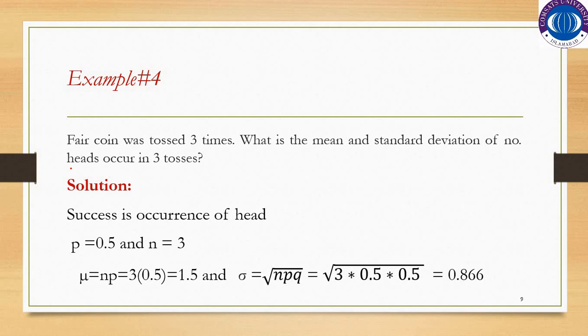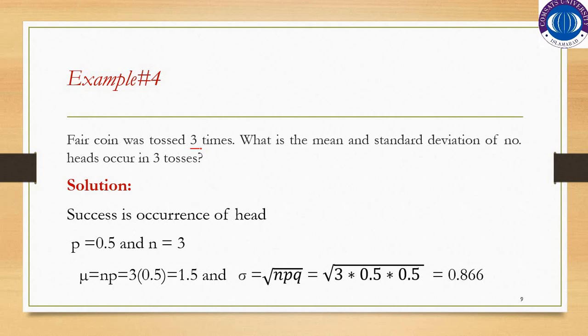Here we are interested in the number of heads, so the probability of success will be 1 by 2, which remains constant for all trials. The experiment should be performed a fixed number of times. Here we are tossing the coin 3 times, so n will be equal to 3. Each successive trial is independent.